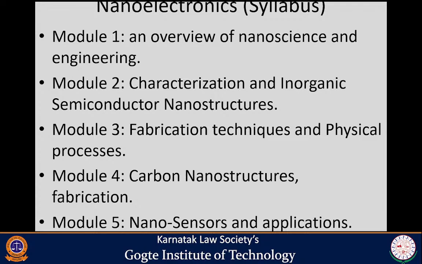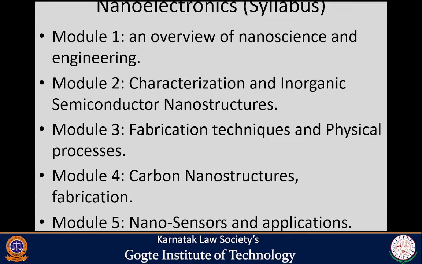I would like to emphasize the syllabus. The prerequisite for studying nanoelectronics is the basics of physics, basics of engineering mathematics, and the basics of chemistry that we have learned at the first year UG level. In general, Unit 1 deals with an overview of nanoscience and engineering, but to be more specific, here we will be covering concepts related to energy band diagrams and the various methods used for fabrication of nanoelectronic devices.